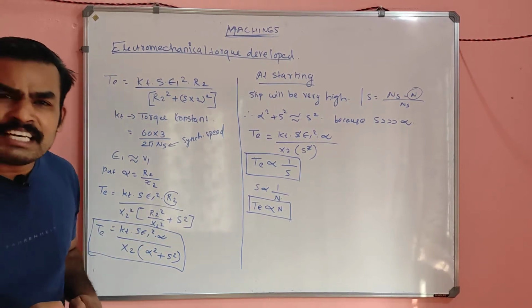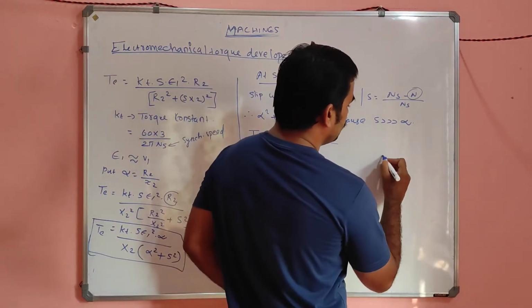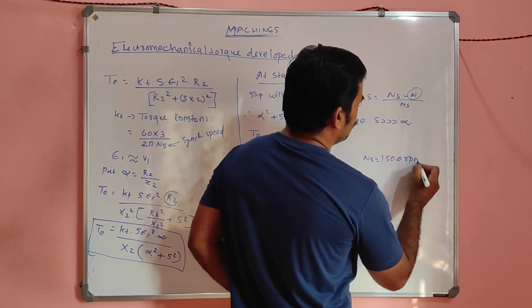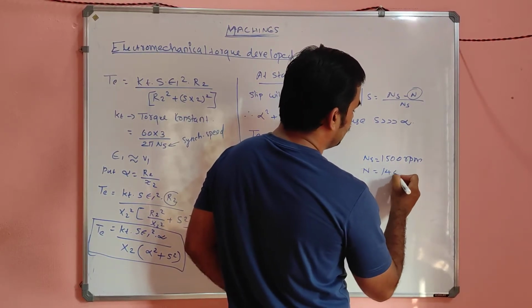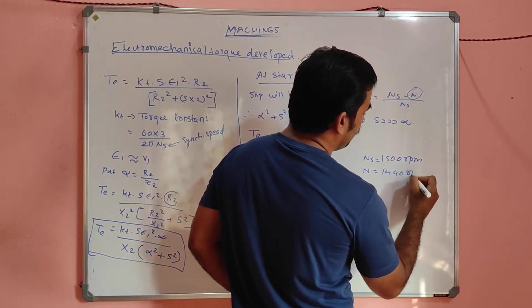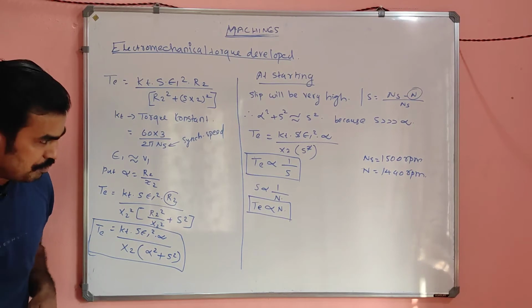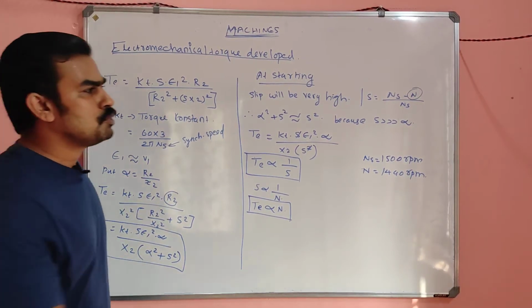So let's observe the incident at the starting. Suppose the synchronous speed is 500 rpm, you assume, and the normal running speed or rated speed be 1440 rpm. You assume these parameters. Let ns be 1500 rpm and n be 1440 rpm. You switch on the supply.